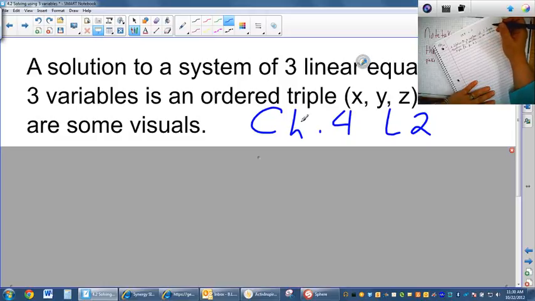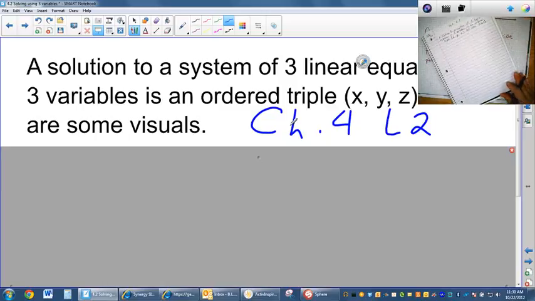Alright, so if a linear equation with 2 variables makes a line, what would a linear equation with 3 variables make? What shape do you think it's going to make? Fine, that's good. What else might it make? Anybody have a good guess?